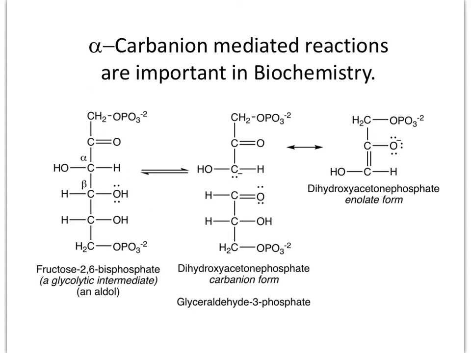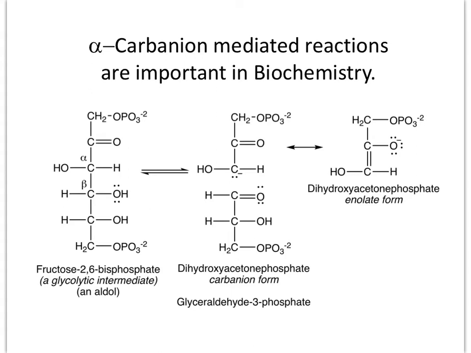Many bond making or bond breaking reactions in biochemistry involve these stabilized carbanions next to carbonyls that can form enolates in resonance. So one example here, this is a reaction that we see in glycolysis, the splitting of fructose 2,6-bisphosphate.